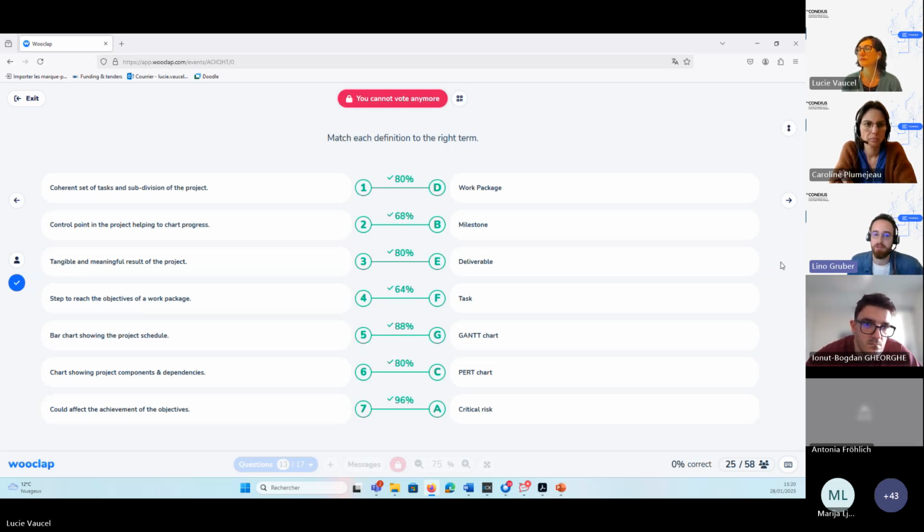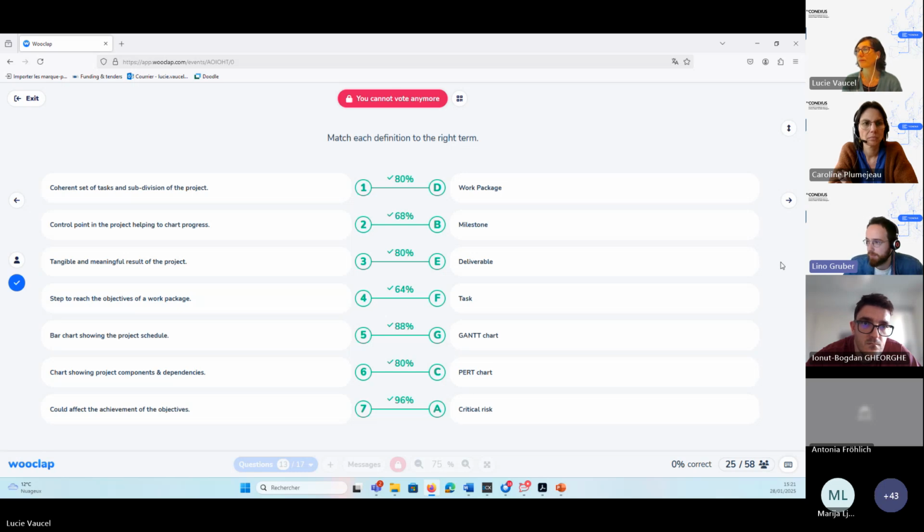A task, I'm sure you know, is a distinct activity that's needed to reach the objectives of your project, and more specifically, the objectives of the work package, because work packages are made up of several tasks.